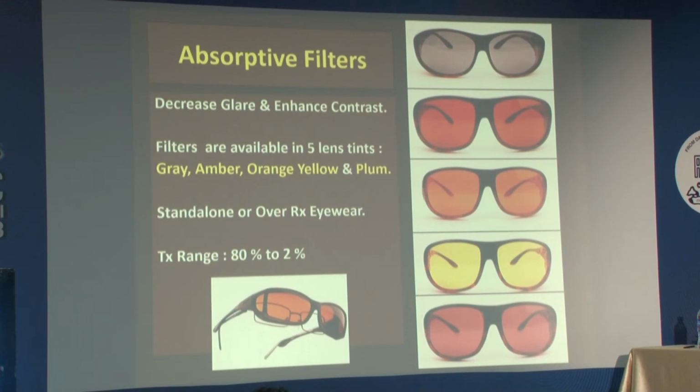So they are excellent protectors from glare and can be used outdoors. And the other 3 in the middle, which are amber, orange, and yellow, cut off the blue light, as you know, like blue blocking IOLs. So they block out the blue light and improve the contrast. So for contrast enhancement, amber is the best, followed by orange and yellow.